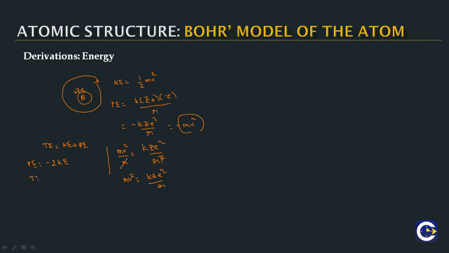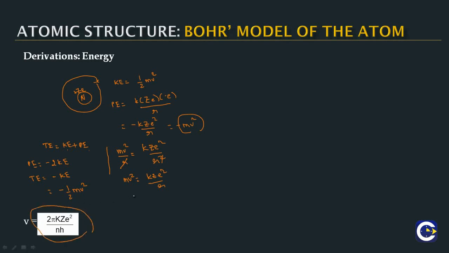So thereby the total energy will be equal to kinetic energy plus potential energy. Potential energy is minus 2 times kinetic energy, so it will be negative of kinetic energy. So the total energy value will be equal to simply minus half mv square. And already we have the expression for the velocity, which is 2 pi kZe square by nh.